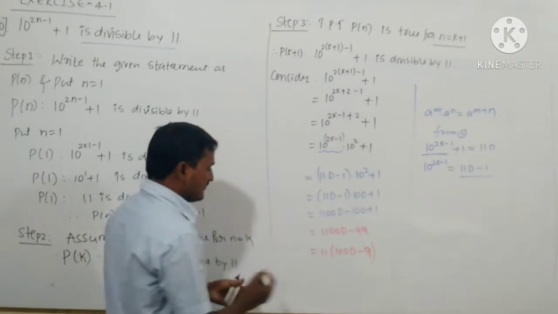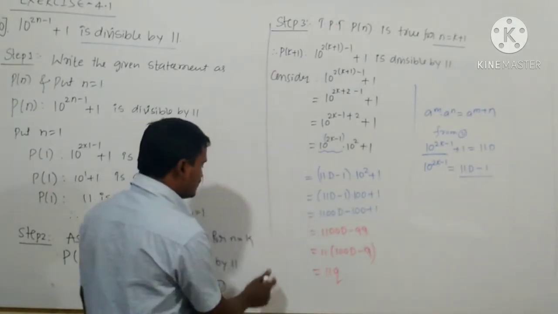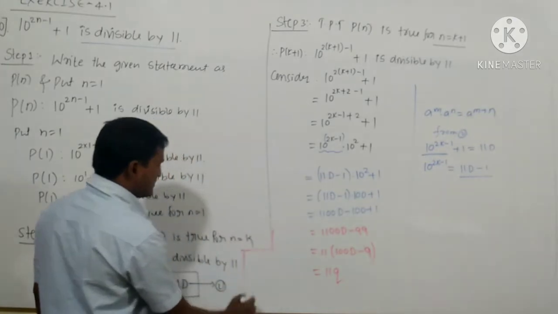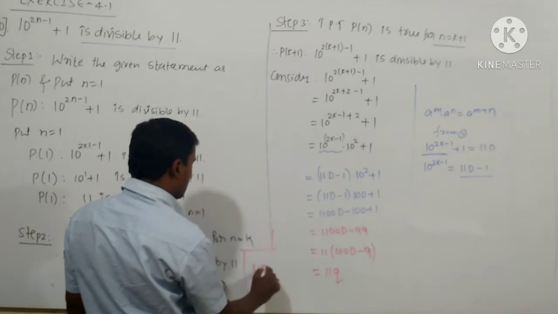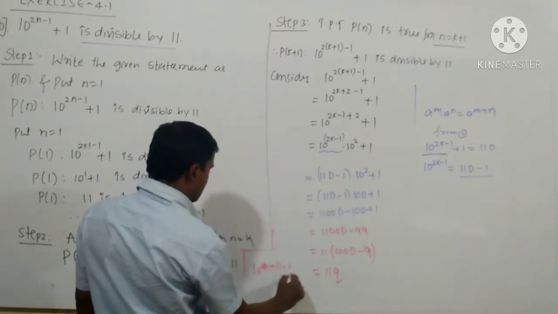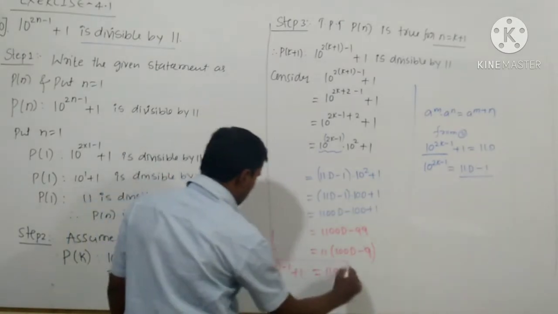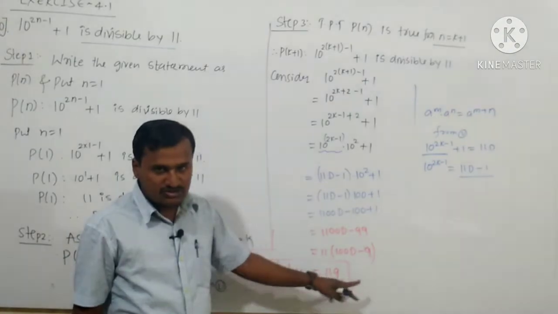So now it is in the form of 11 times q. 11 times q means in LHS what is there? In LHS this one, that is 10 to the power 2k plus 1 minus 1 plus 1, that is equal to, how are you getting? You are getting a product of 11 into some integer.